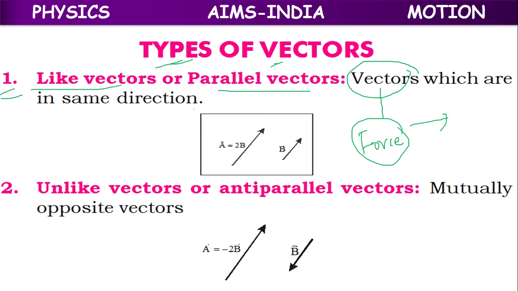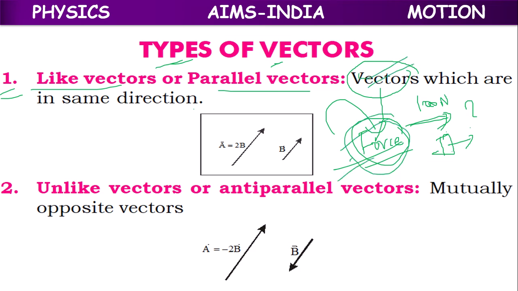Whenever we apply force, we have to apply it in one particular direction and the object will move in that direction. So while describing quantities like force, along with how much force we have applied, in what direction we have applied also we have to specify. These types of quantities are called vectors.